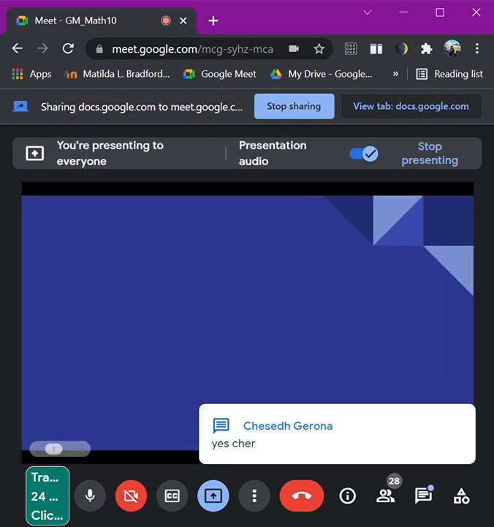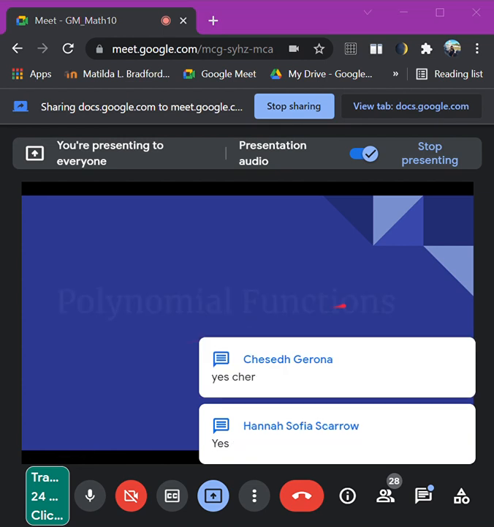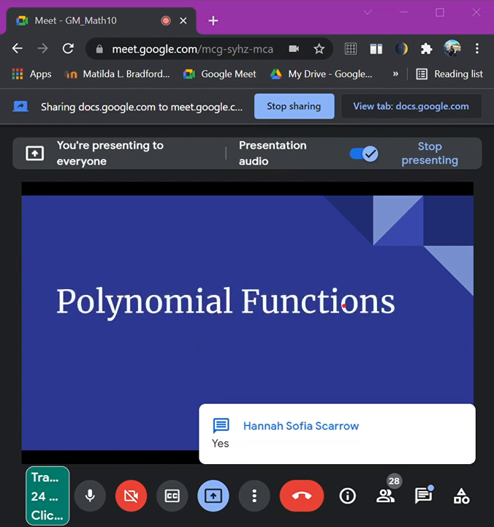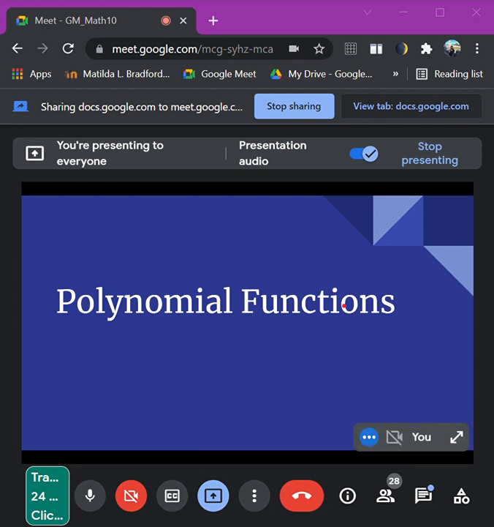Okay. So the topic for today is all about polynomial functions. In our previous discussion, we had polynomial equations and inequalities already. We're going to discuss the leading term, leading coefficient, and the degree of a polynomial, and this also includes the standard form of polynomial functions.